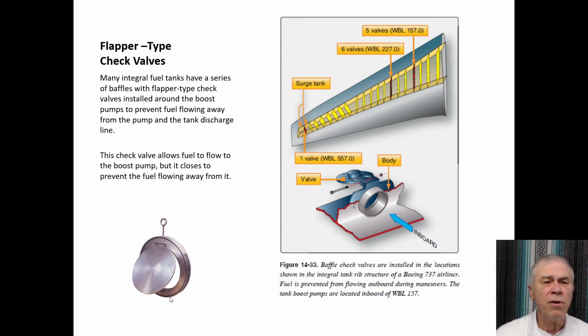So there's a little flow in between the two chambers, but it's enough to prevent heavy sloshing. And it also prevents fuel flowing away from the pump and the discharge line of the tank.